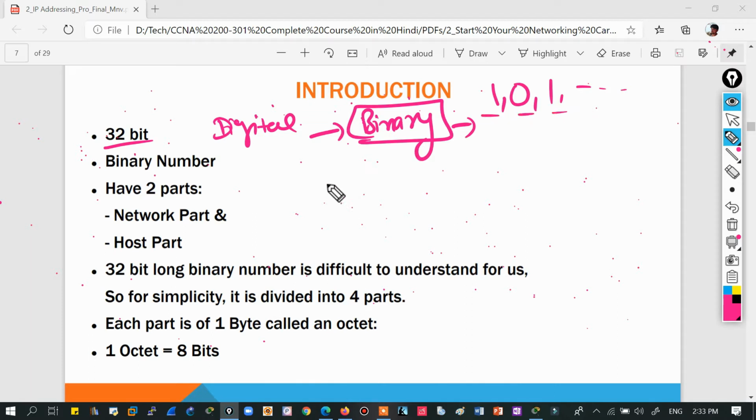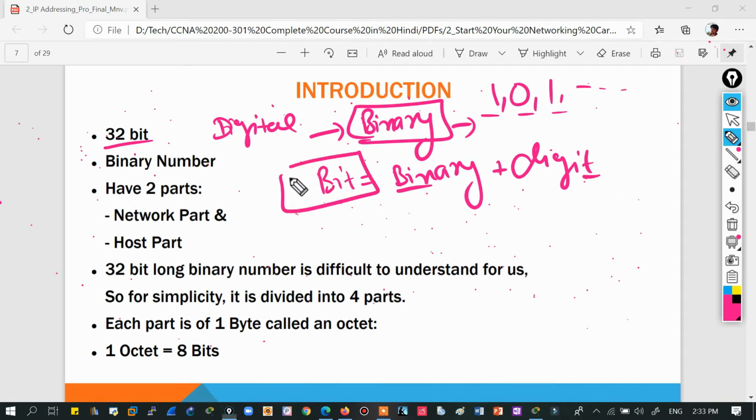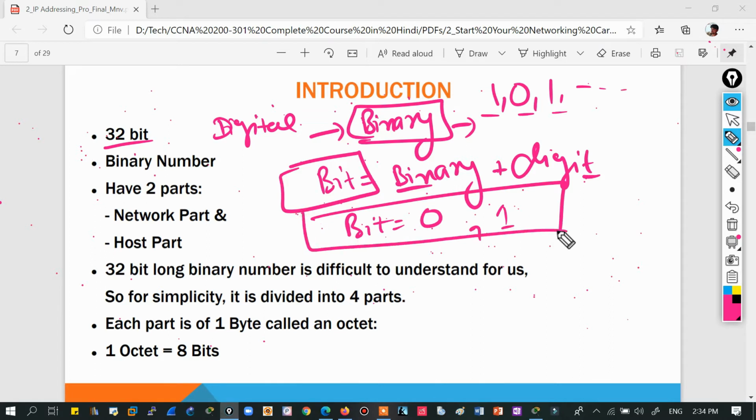What is a bit? It is the combination of two words, binary plus digit: binary digit. So bit means binary digit. There are only two binary digits, 0 and 1, and each is a bit. In the decimal number system we have the numbers 0 to 9, a total of 10 numbers.